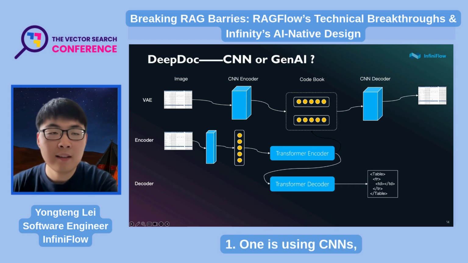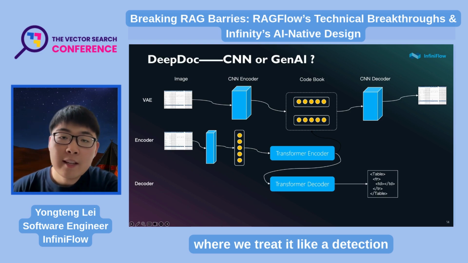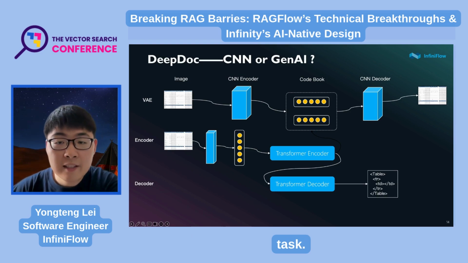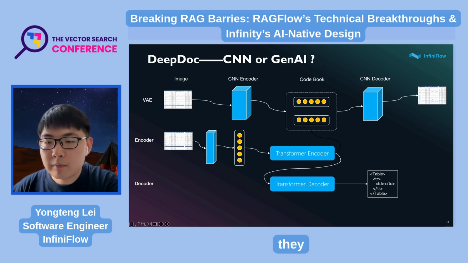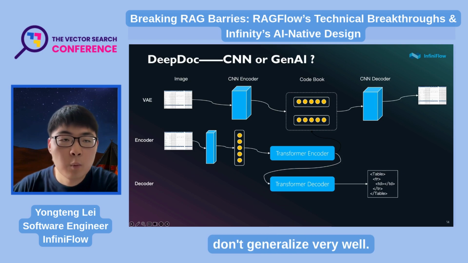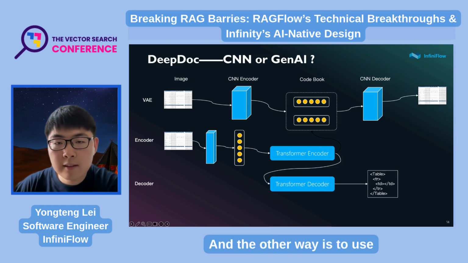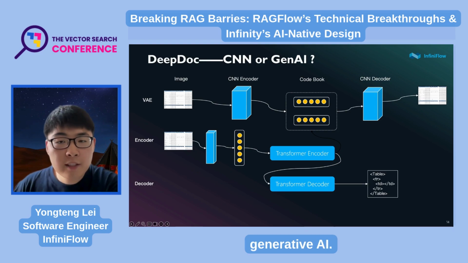One is using CNNs, where we treat it like a detection task. The downside of CNNs is they don't generalize very well. And the other way is to use generative AI.